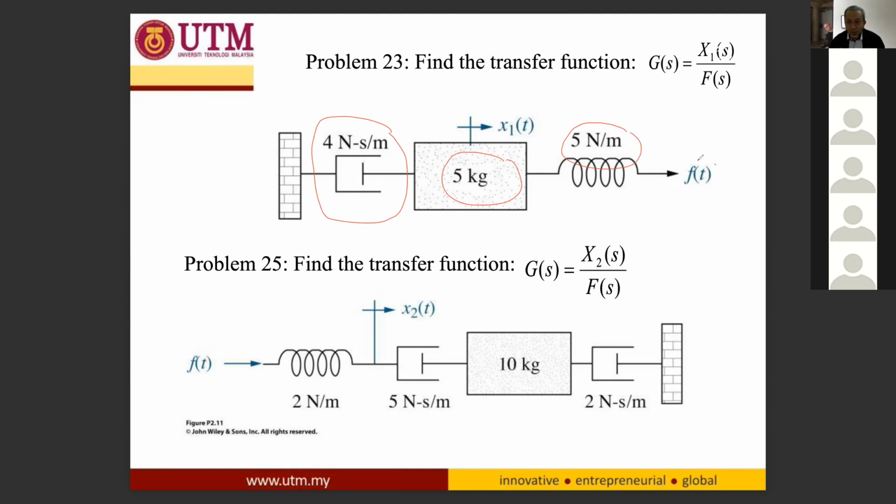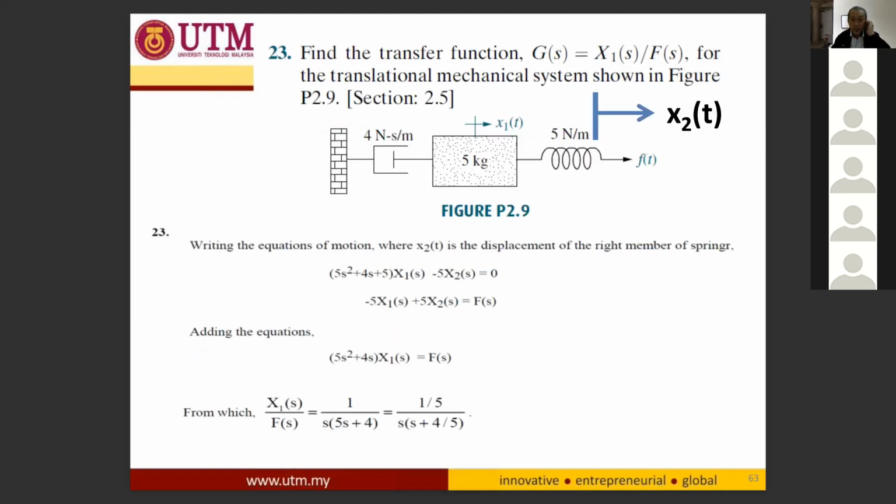Again, one force, one displacement, and one mass. So in this case, M is equal to 5, K is equal to 5, and FV, or B, is equal to 4 in this example, as shown here.